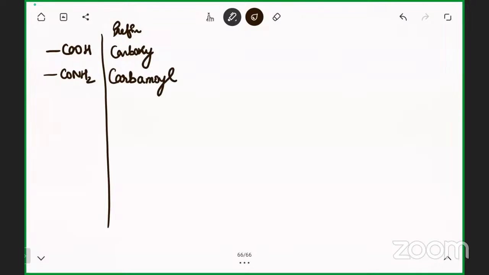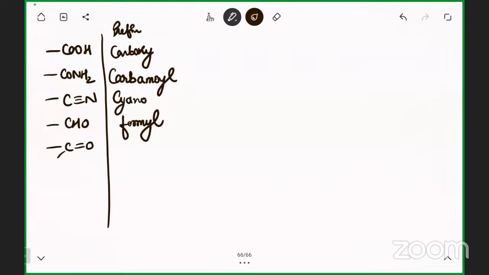I'm telling you the main ones, then you can go to the book. If C triple bond N, cyanide, is present, then in the prefix it is known as cyano. If aldehyde is present, you will write formyl. If ketone is present, you will write keto.